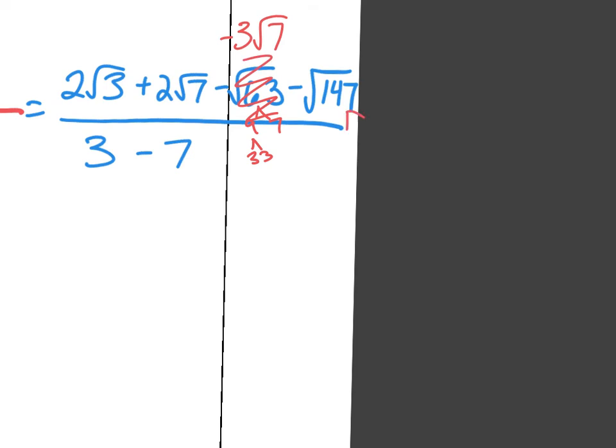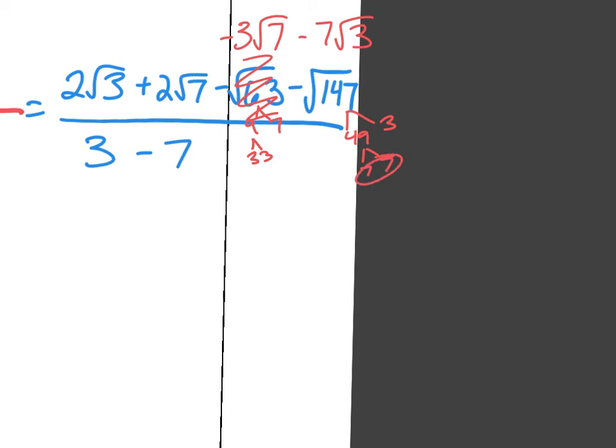Now 147, what can that break down to? It's one you probably have to use a calculator for. 49 and 3. Good. 49 breaks down to 7 and 7. So this becomes a negative 7 square root of 3, right?